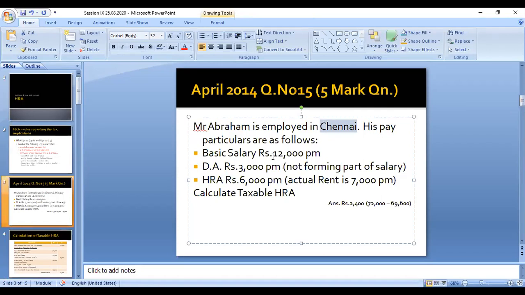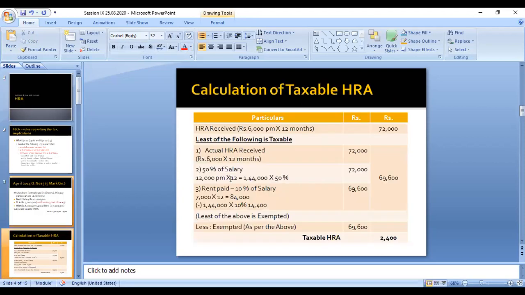Here, salary in the sense, only this 12,000 you have to take as salary. The other amount is not forming part of the salary, so you should not take it. So 12,000 per month, multiplied by 12 months, is 1 year. 12,000 into 12 is 1,44,000.